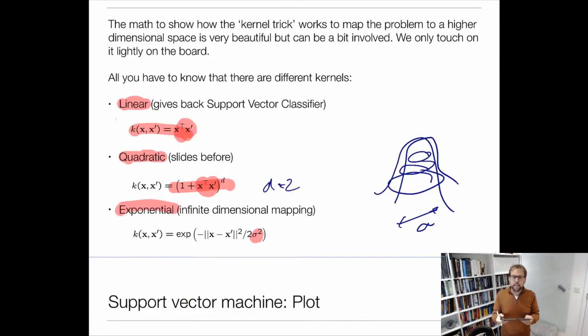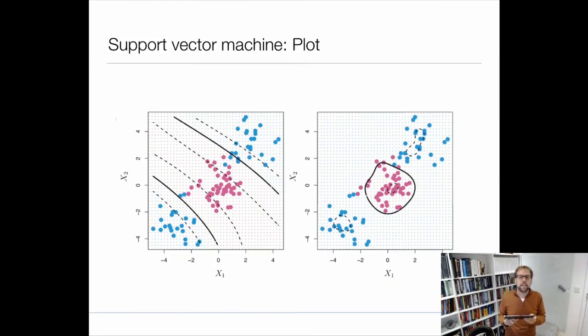And here I can see an explicit example. So here I can see some data of class 1 here. Then there's some data of class -1 in the middle. And here I fitted a support vector machine with an exponential kernel to the data.